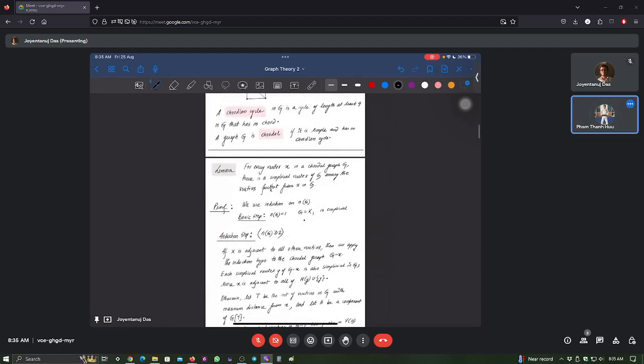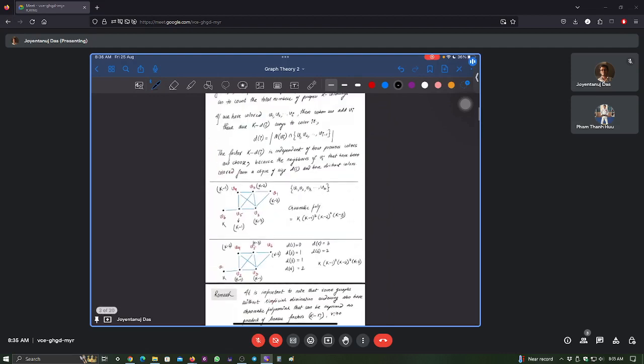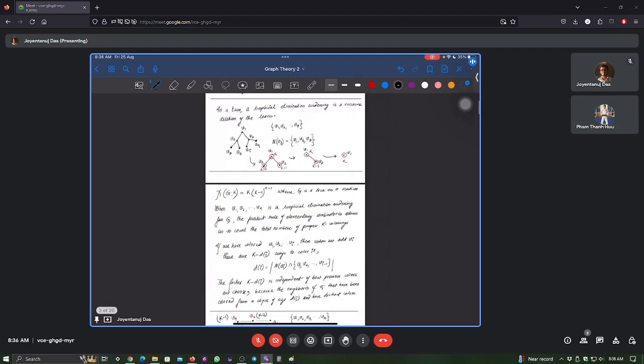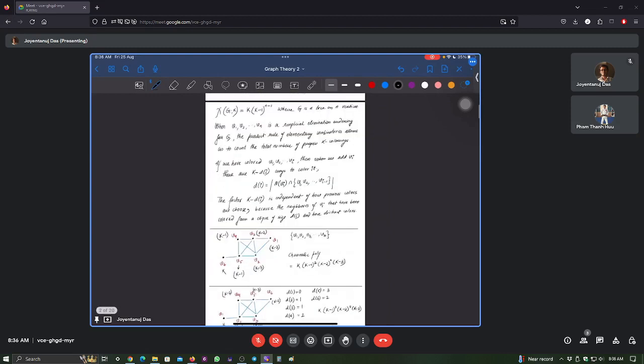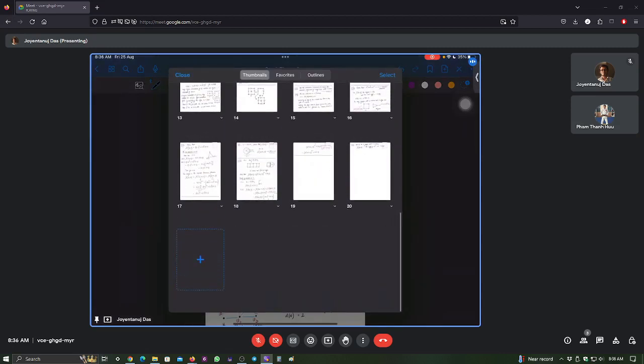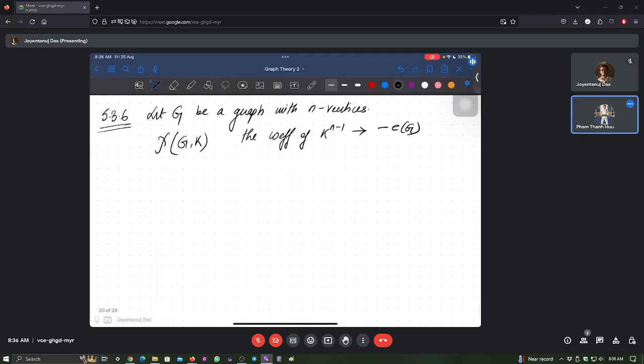One minute, let me see the proposition numbers. As far as I recall, the second coefficient of the polynomial is... It is not here, I don't know where it is. But the thing is, the coefficient is minus the number of edges. Already proved, right? Yes, yes, we already proved it.